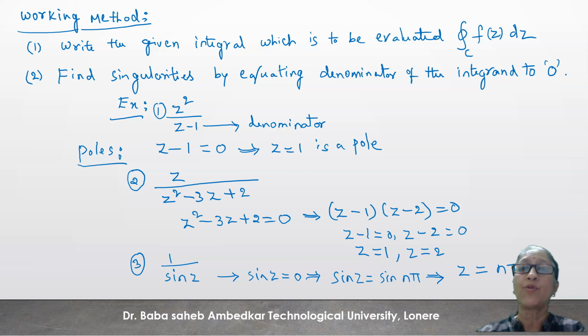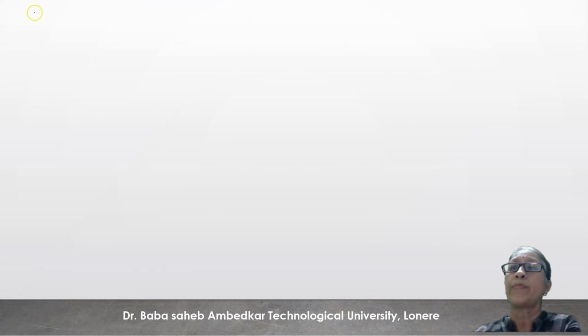So first you have to write the given integral, then find singularities by equating the denominator of that integrand to 0. Now the third point is to observe the given curve, because we have to find this contour integral along some closed curve, right? So the closed curve will be provided in the question.